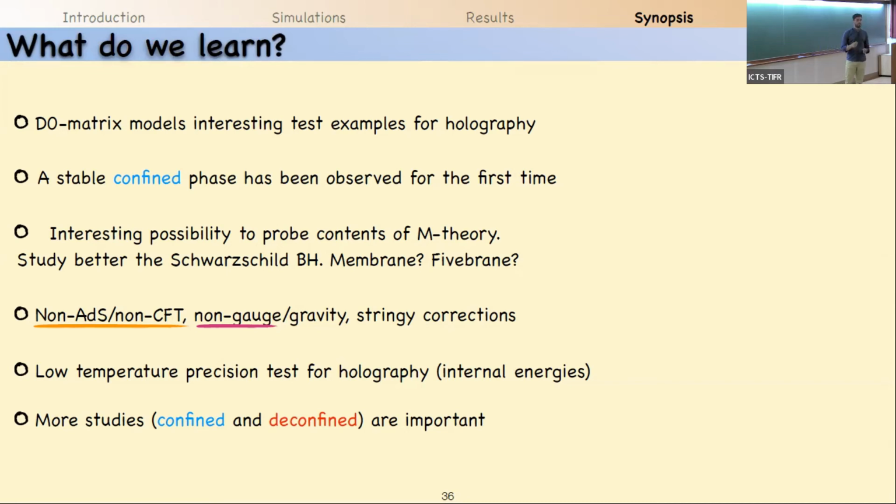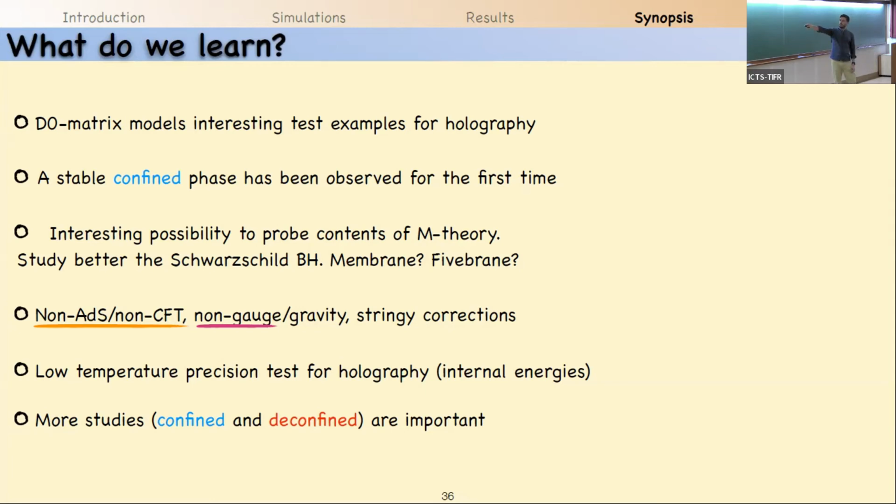Of course, this is just a hint and many more studies have to follow to support or test this hypothesis. And for this, we have to better study the Schwarzschild black hole, the membrane, the 5-brane, and understand how these objects appear in the matrix models.